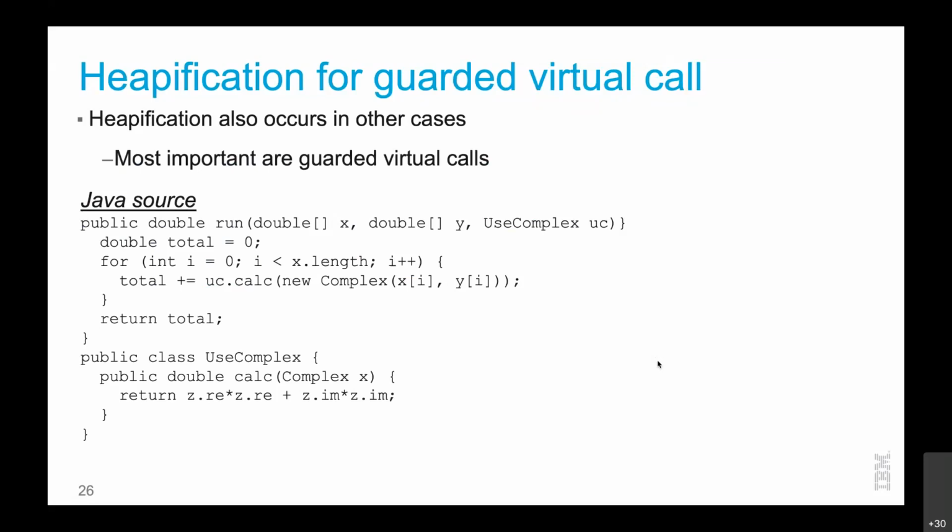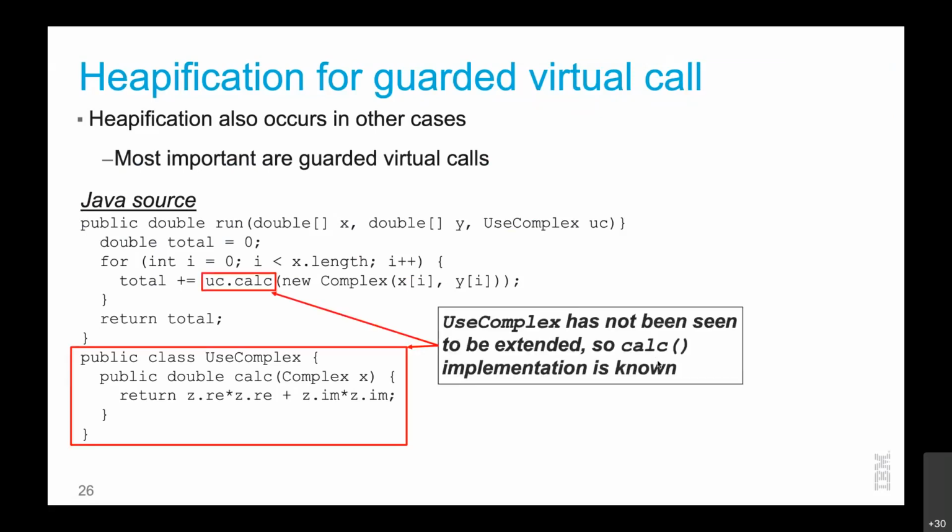I've got this run method that is accepting as an argument a use complex object, and on each invocation of the calc method of this use complex object, I'm constructing a new complex number that I'm passing as an argument to it.